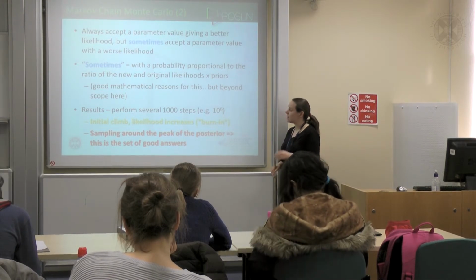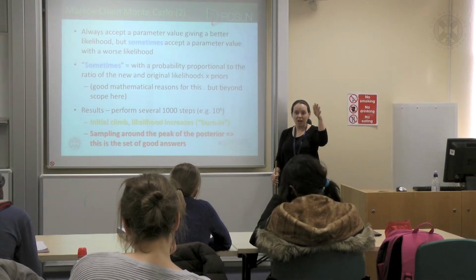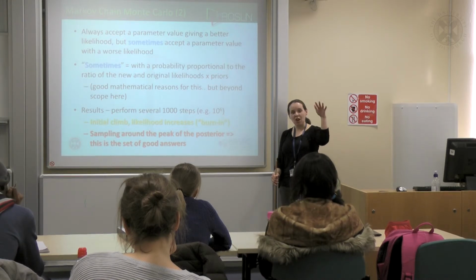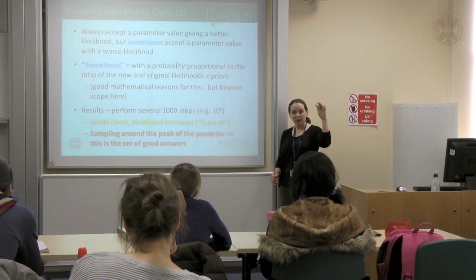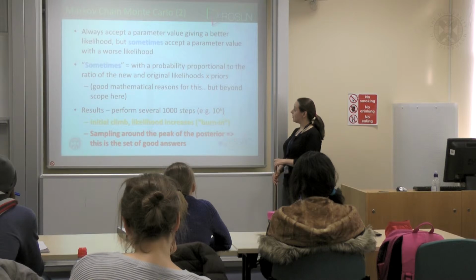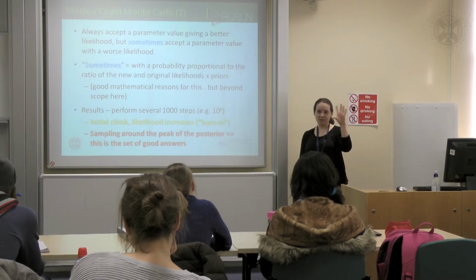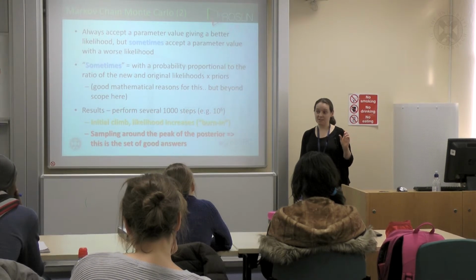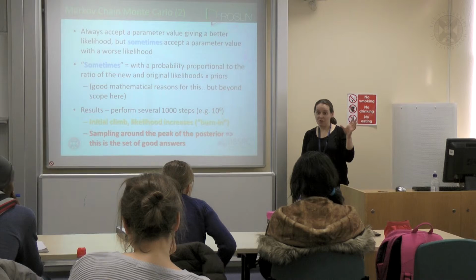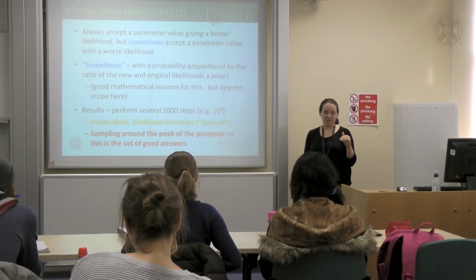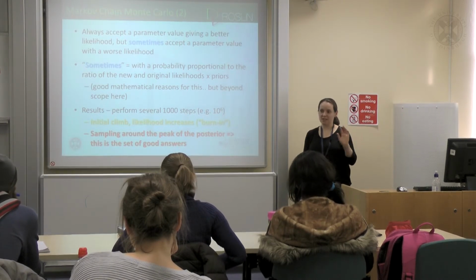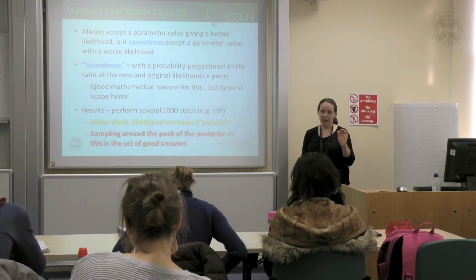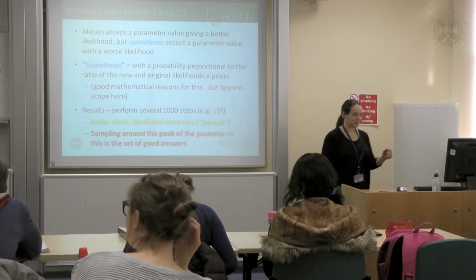And what happens is that you start off and you have an initial climb up the hill, and then you kind of reach a plateau where you're kind of hopping about the set of good values. And it's really those set of good values, they're the ones that you're going to say, okay, well, these comprise my set of answers. These are the ones I'm going to take the average of and find the standard deviation of to give me the average parameter values.